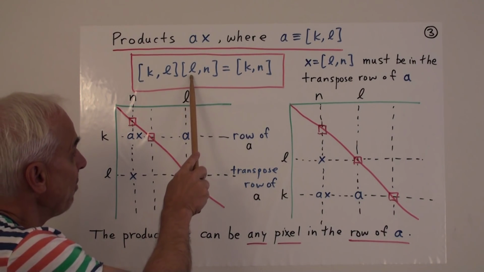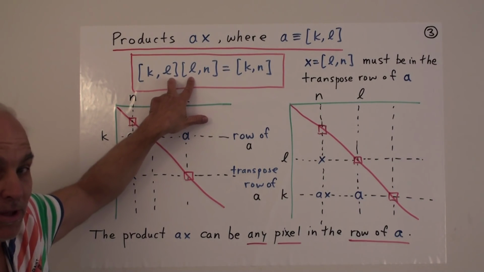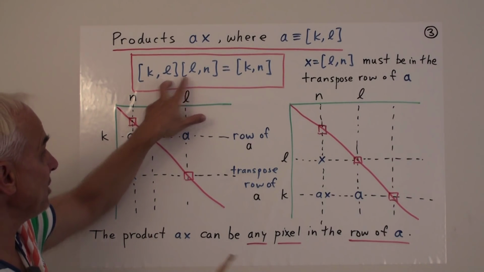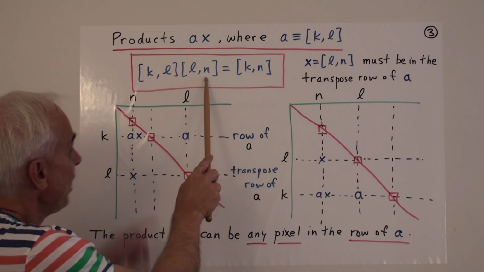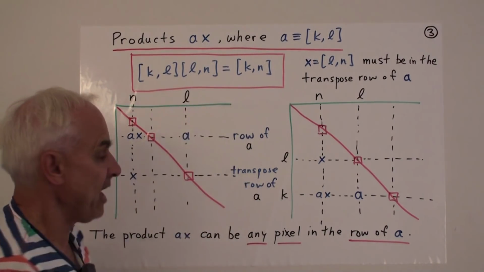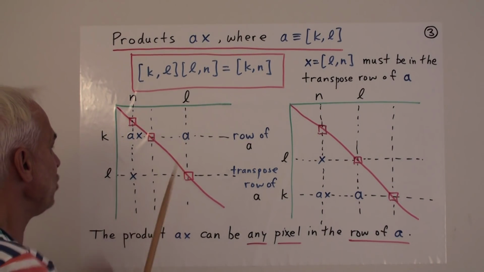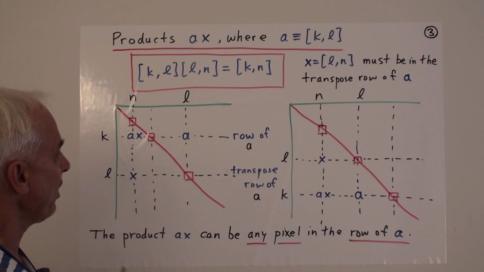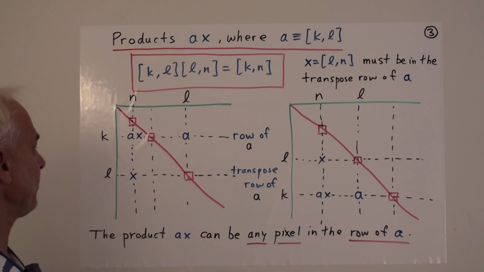So let's suppose that we're multiplying by LN. We have to have these two things equal if we're going to get something that's non-empty. So let's assume that we're multiplying by a pixel X of the form LN, in which case the product is KN. And we want to understand the geometry of that story, and there's sort of two cases that we can consider.